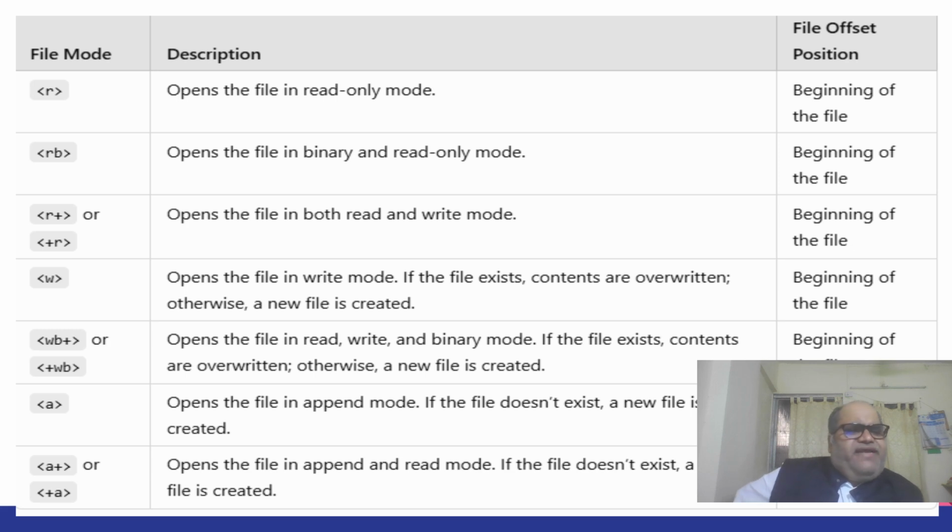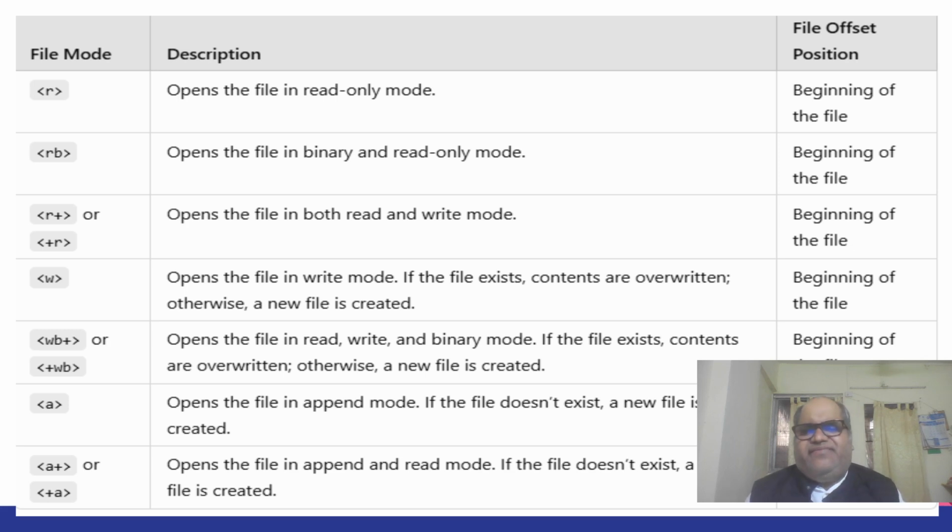Let us look at some of the modes that we are talking about. So r is one, which opens the file in read only mode, and there is a file offset, where this will start.